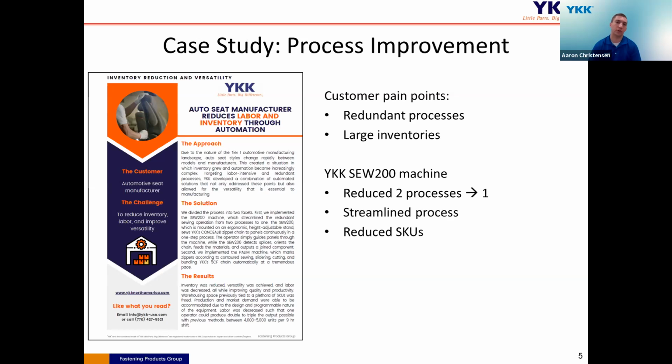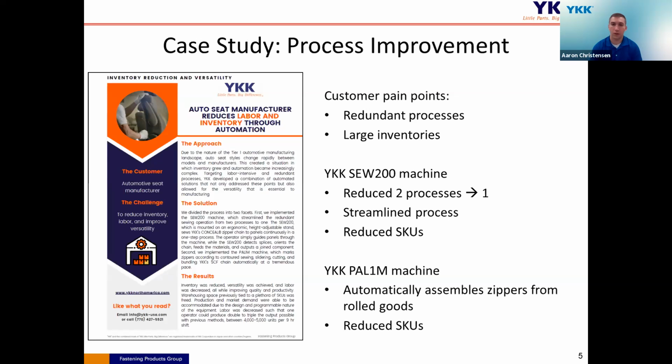And again, because we're using a continuous zipper in this example, the SKU and the warehouse overhead associated with those designs are improved. So that's one area where we have provided a solution to this industry.